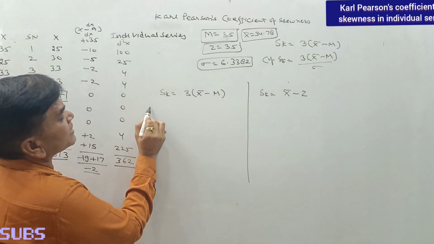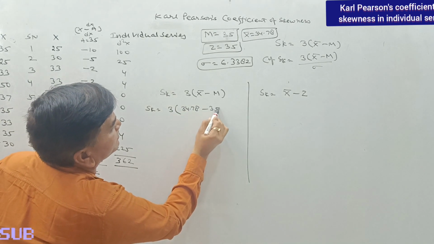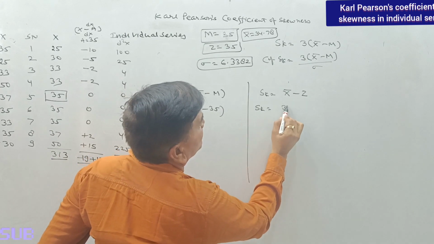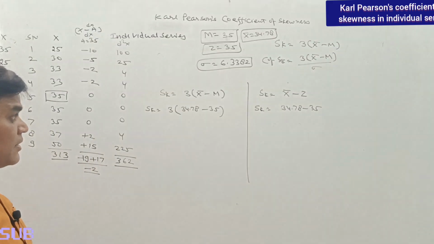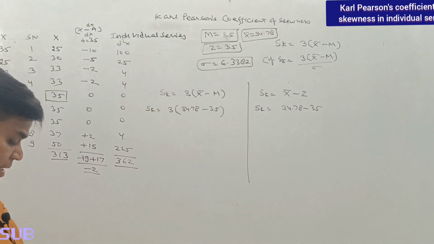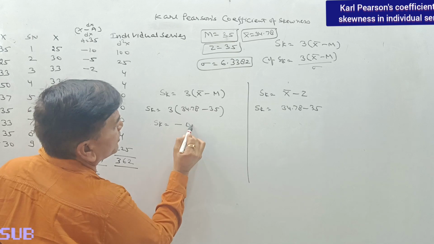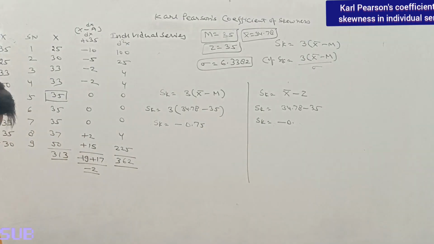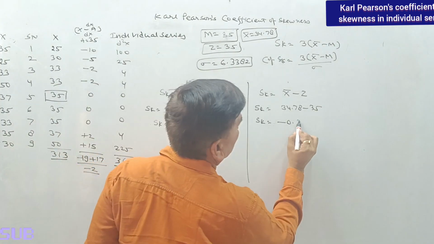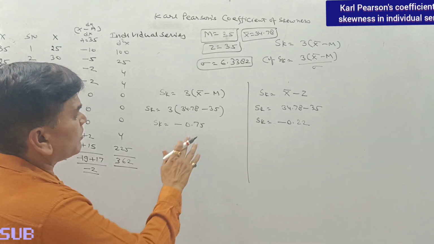So with the help of this, skewness is equal to the value of x bar, 34.78 minus 35. That is 34.78 minus 35, multiplied by 3, minus 0.75. Skewness is minus 0.75. Here the value of skewness is minus 0.02. Multiply by 3, minus 0.66.